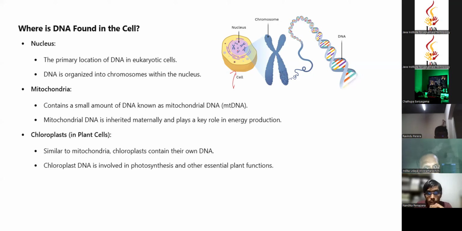So the nucleus is a specific cellular compartment in which we have the genetic material, in this case DNA, and this DNA is found in chromosomes. A chromosome is nothing but a DNA molecule wrapped around with protein.